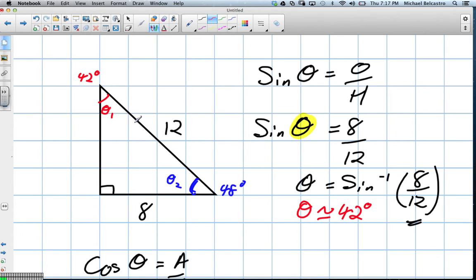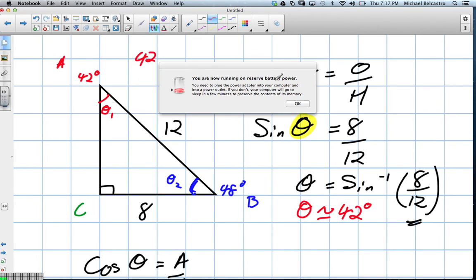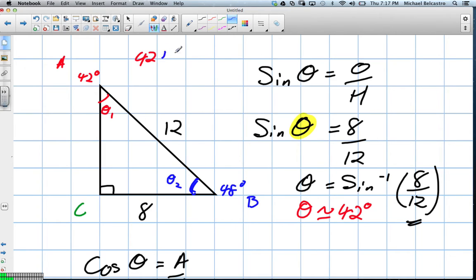Okay. Well, let's make sure those all add up. Let's say we call this angle A, angle B, and of course angle C will be opposite of our hypotenuse, so our right angle. So let's add them all up. 42, plus 48, plus 90. What does that all equal? You want to take a calculator out and check that?